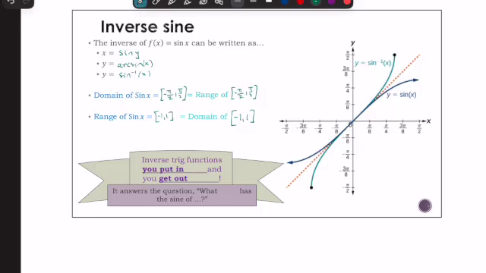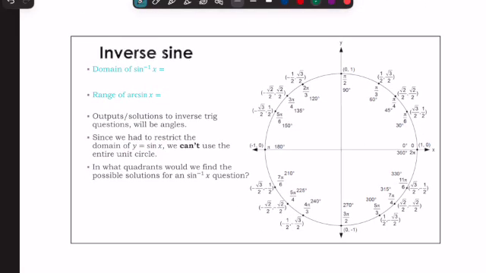So notice, look, there's our inverse function. Cool. So now let's talk about, like we said here, the domain of sine inverse. It's negative 1 to 1, and the range is negative pi over 2 to pi over 2.